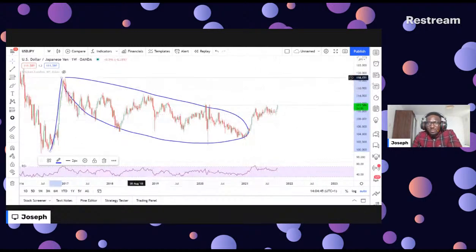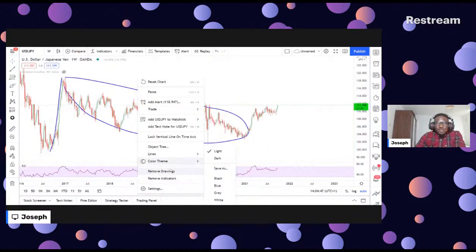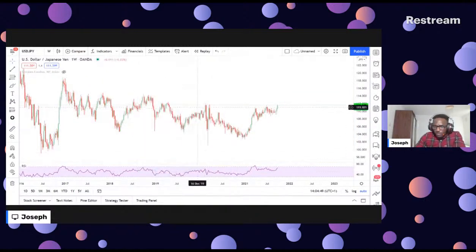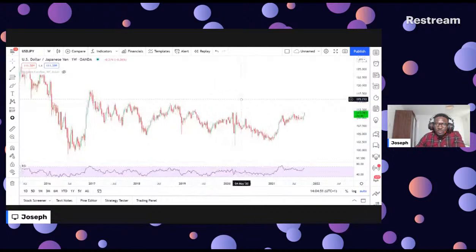I think this dollar yen is looking at it. So maybe that's the reason why the dollar index is showing a lot of strength. So we can expect the dollar to be very strong against all these currency pairs.